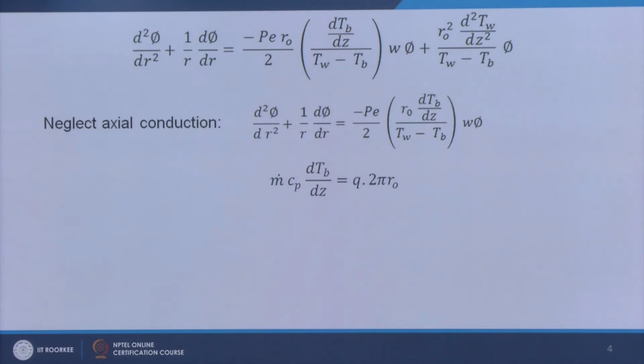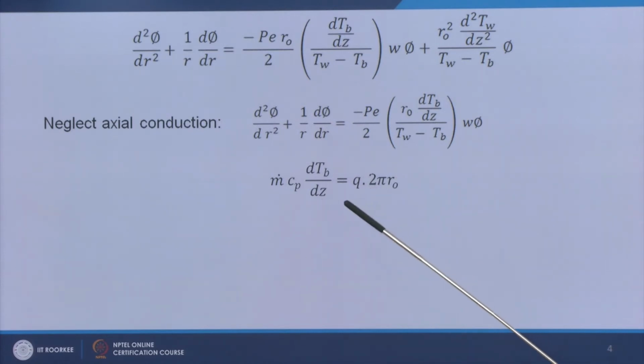Next, let us try to understand the magnitude of this dTb dz. In order to do that, let us take a small cylindrical control volume in our fluid element and understand the energy balance.